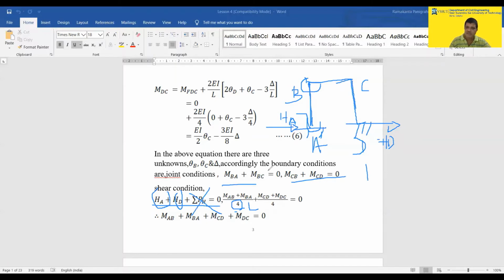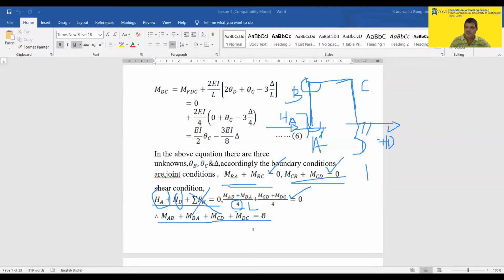So these are the three conditions that will provide you the three unknowns. Two equations come from the joint equilibrium, and one equation comes from the shear. The total value of sigma H is equal to 0; that is the shear condition we are finding out. Now, if you solve this equation, it is MAB plus MBA plus MCD plus MDC. Now, we'll use these three conditions, 1, 2, and 3.